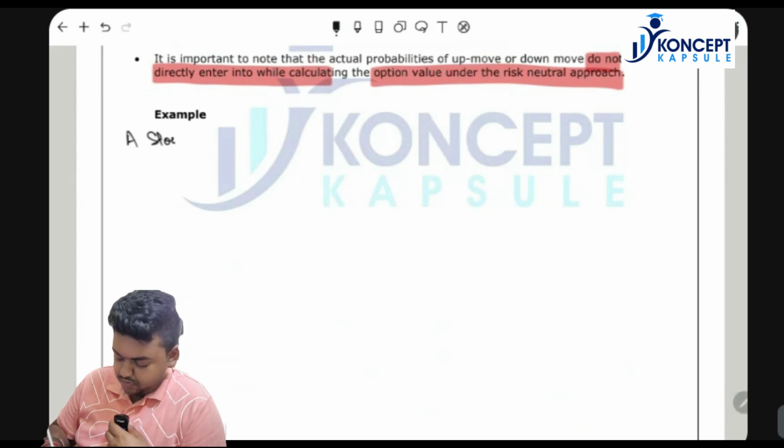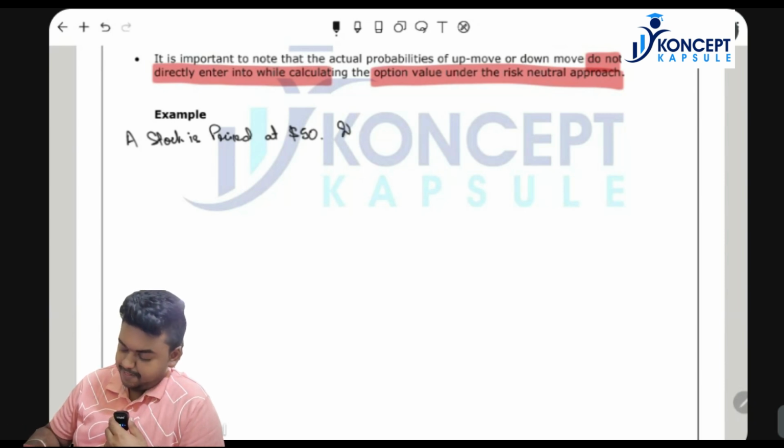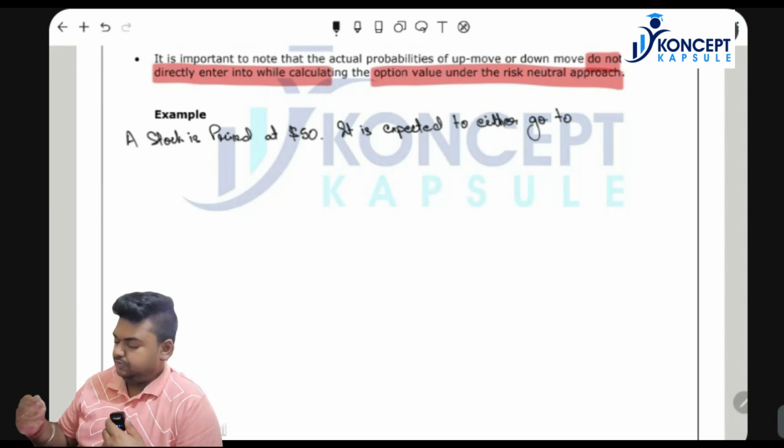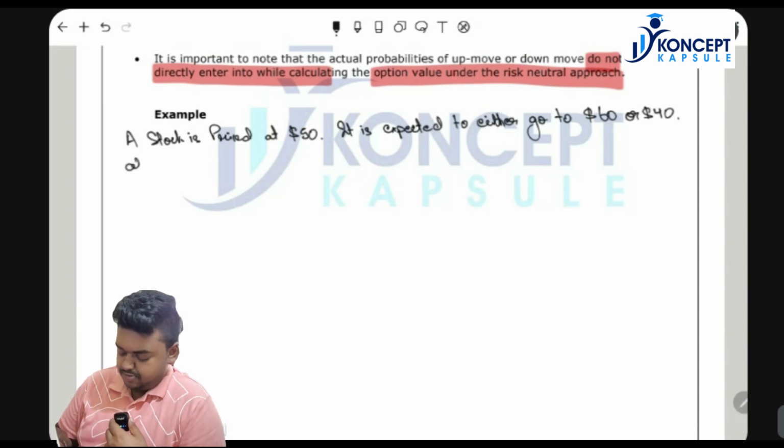A stock is priced at $50. It is expected to either go to $60 or $40 after one time period.